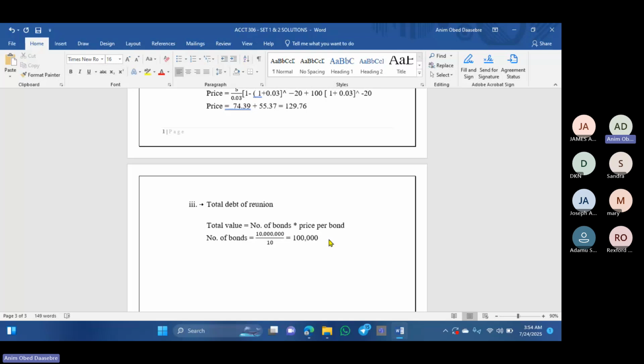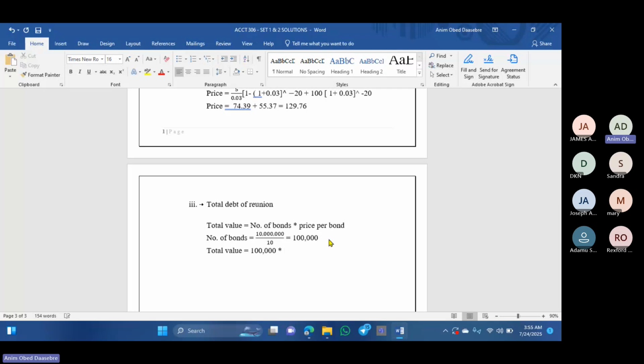So now, therefore, the total debt, or the total value, will be 100,000 times the price.